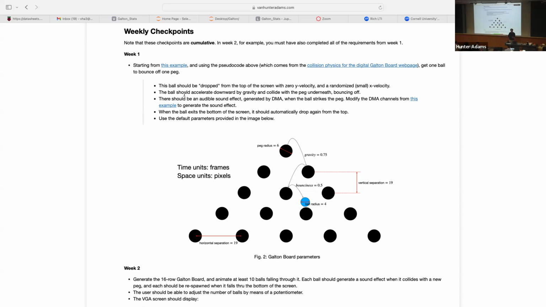You don't want to be taking those interrupts that take away from your animation time. So we're going to offload all sound production to direct memory access channels. We're going to talk about the analog to digital converter, because your interface to this tool is going to be a button and a knob, a potentiometer that allows you to smoothly adjust parameter values. So there's a lot of good stuff here.